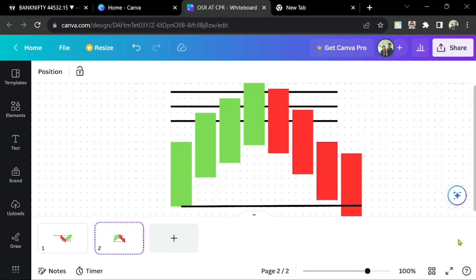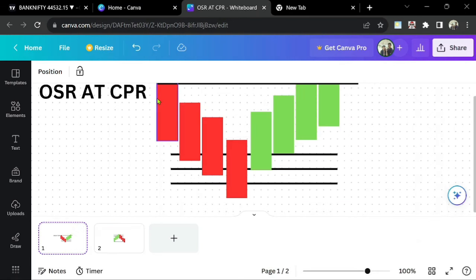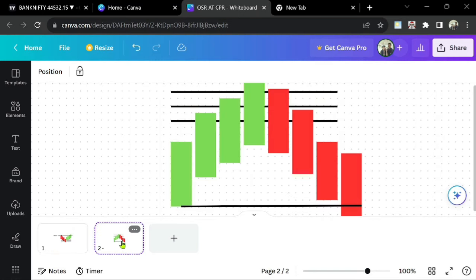This is also opening strike reversal. Two types of opening strike reversal I have given you. In the first, it will be a bearish move and then it will go to the bullish side. In the second, it will be bullish first and then it will give a bearish side, and the day will be completely bearish.